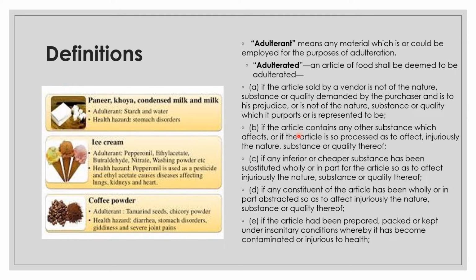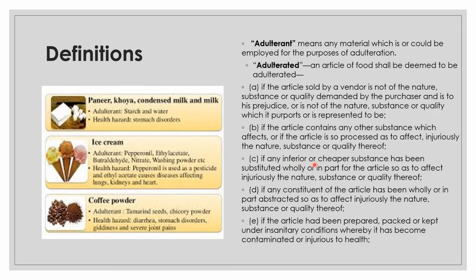Okay, and the second point, if the article contains any other substance which harms the nature, substance or quality of the product. I'm making the sentence short. Okay, so this is a raw sentence copied from the Act. If the article contains any other substance which harms the nature, substance or quality of the product.